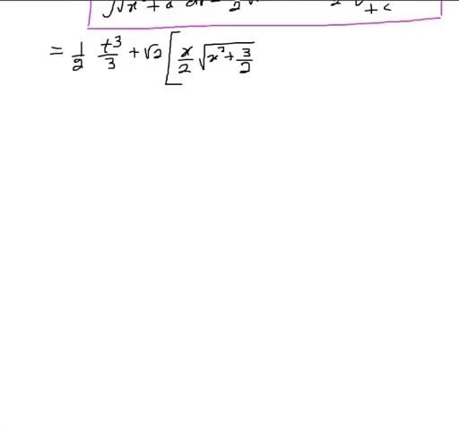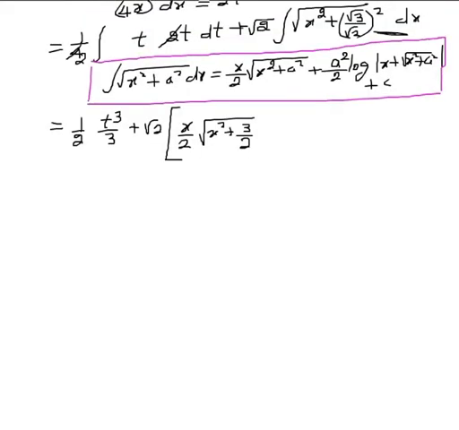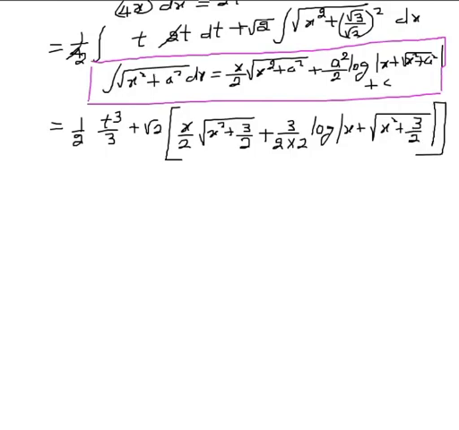Don't copy the expression 2x square plus 3, because we are using the formula for this expression after taking 2 out, plus a square. A square is 3 by 2, by 2 log of absolute value of x plus root of x square plus 3 by 2 and plus c.